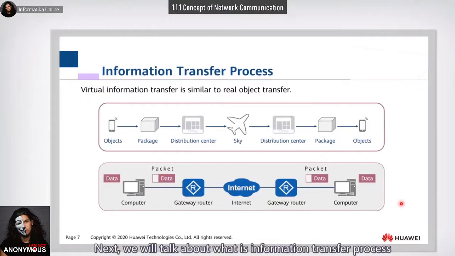Next, we will talk about the information transfer process. It is very similar to real object transfer.